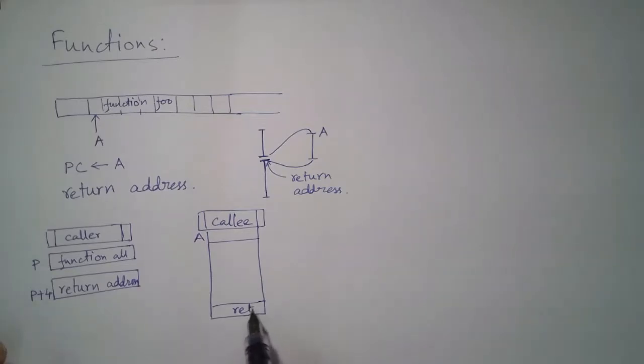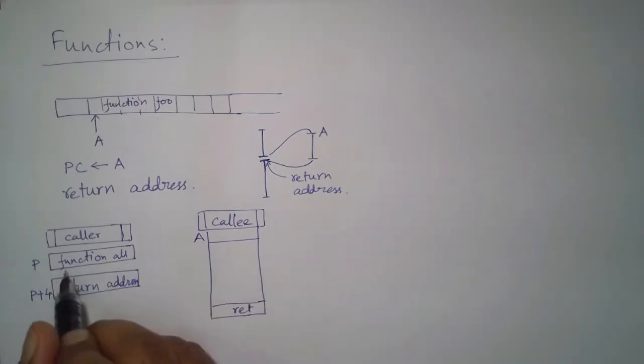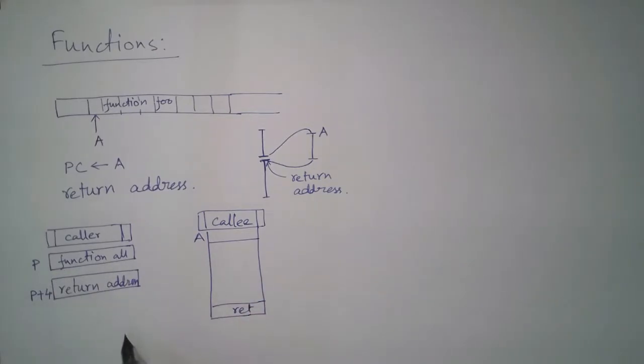So whenever I have this function call, at this address P there is an instruction which calls a function.